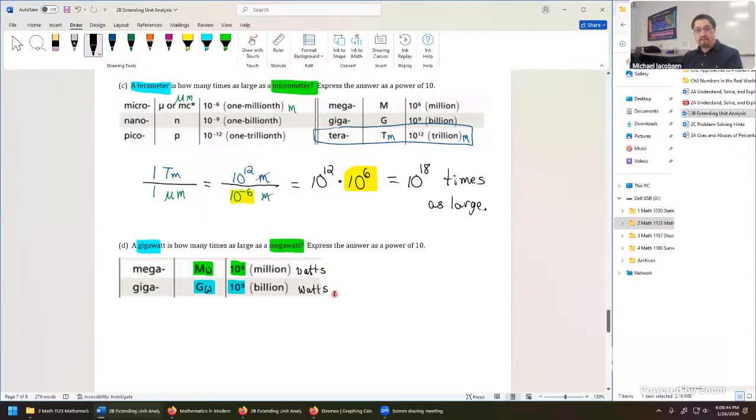So after all of that organization, we can get started and write down the computation. Starts with 1 gigawatt divided by now 1 megawatt. So 1 GW divided by 1 MW for megawatt. Now the next thing we do is we put in the power of 10. In the numerator, we have 10 to the power of 9 watts.